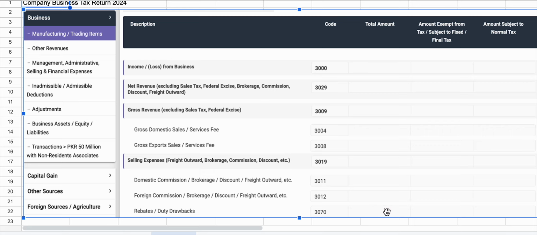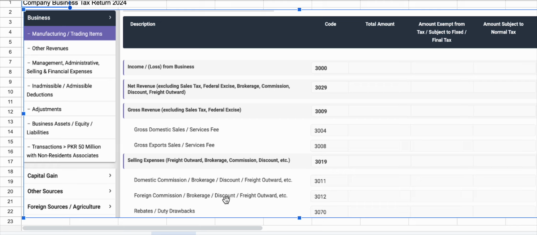So that amount will be entered here. These are all the selling expenses that can be directly traced to or counted along with the number of units or the number of services you provided.